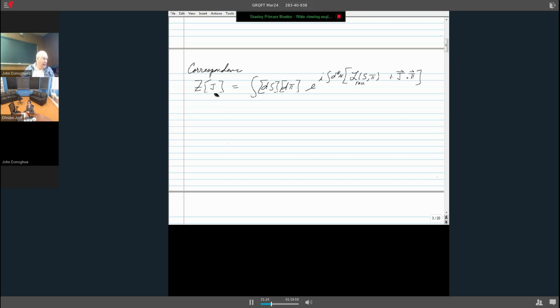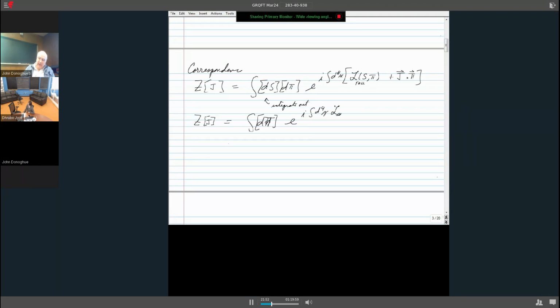And if you're looking to do interactions with the pion field, you'd add some source, and you differentiate with respect to those sources, which gives you the various matrix elements that you want.